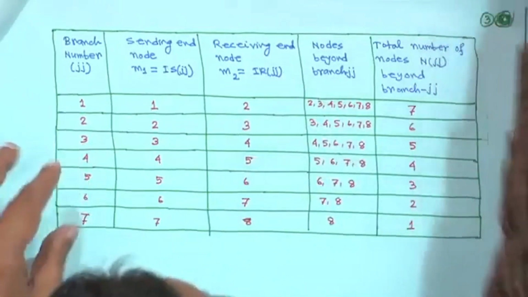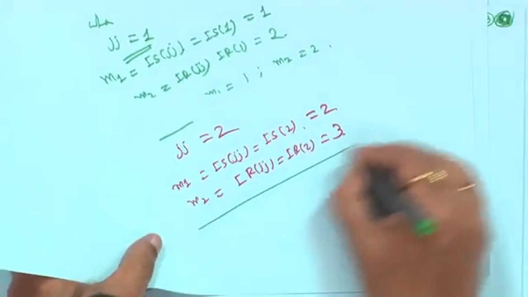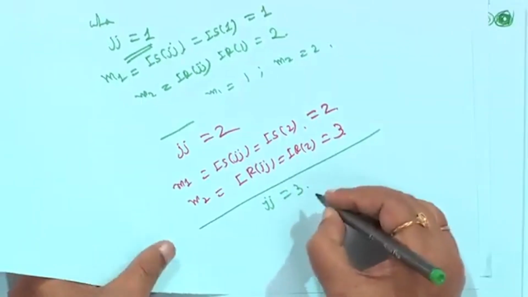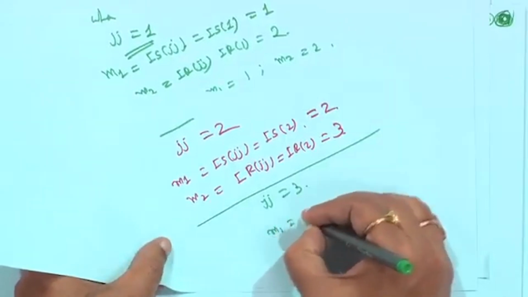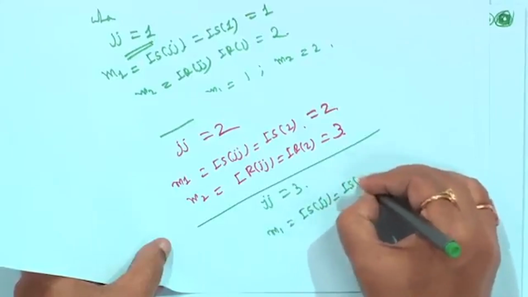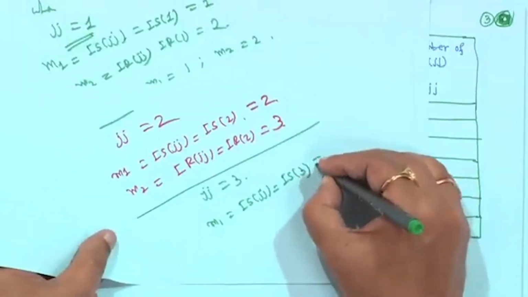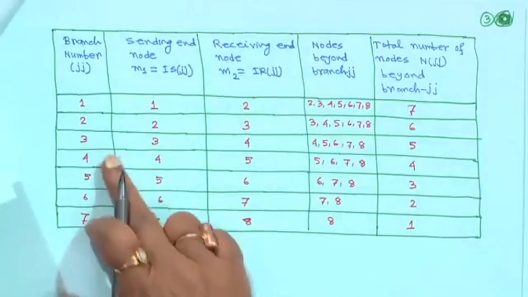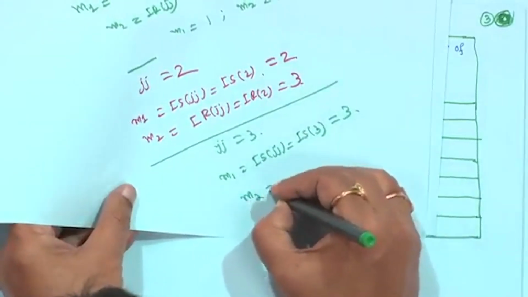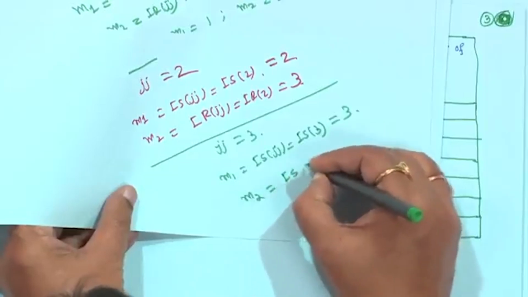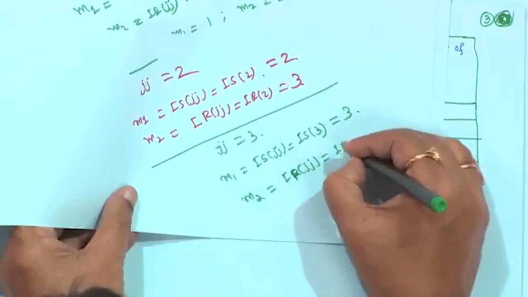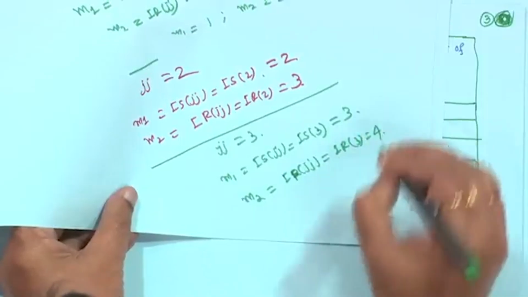That means, when j j is equal to 3, that is branch number 3, M1 will be equal to IS j j, which is IS3, because j j is equal to 3, that is equal to 3. So, this is 3, and M2, that is the receiving end node, IR j j is equal to IR3, and that is equal to 4.